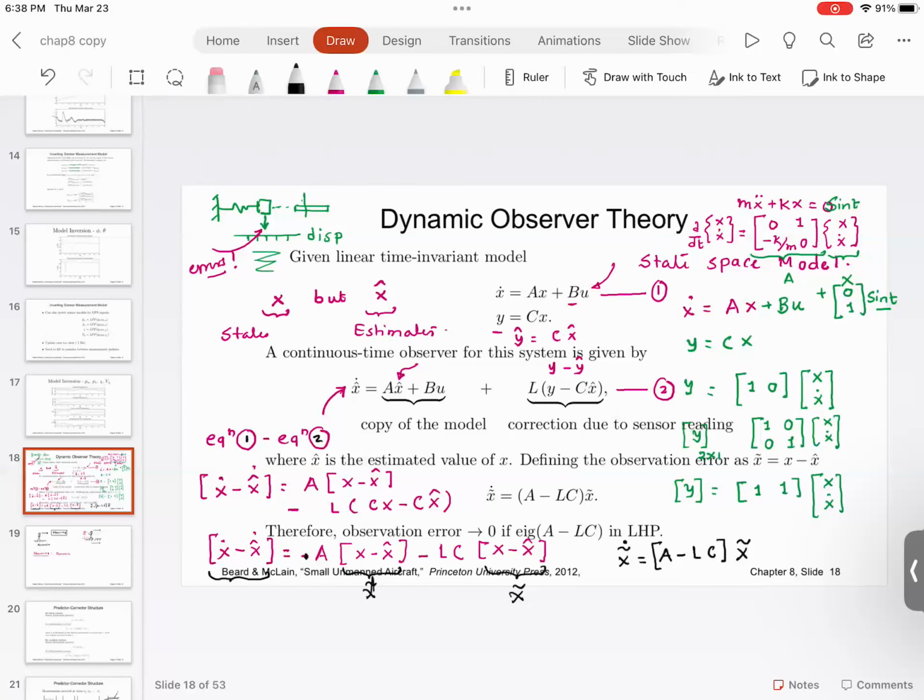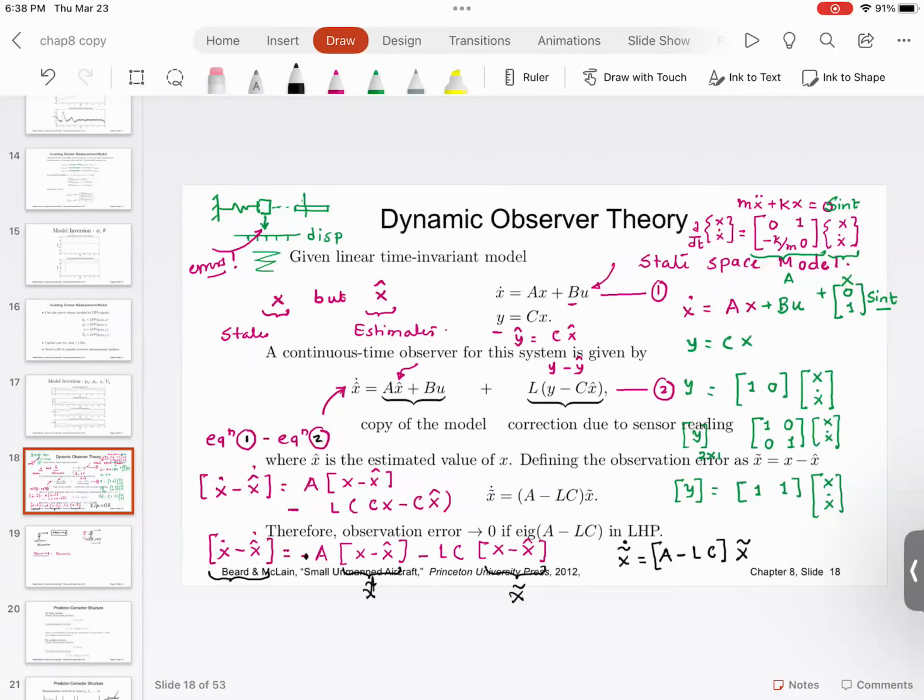When would that error go to 0? Very good. I have an error dynamics equation, x tilde dot is equal to (A minus LC) multiplied by x tilde, wherein A comes from the system dynamics, which is known, and C comes from the observation matrix, which is known.